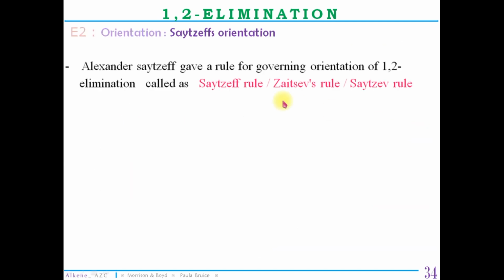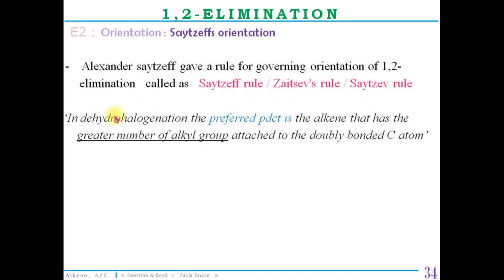So the E2 reaction is also an example of a regioselective reaction. E2 orientation is also called Saytzeff's orientation. Alexander Saytzeff gave a rule for governing the orientation of 1,2-elimination called the Saytzeff rule. The statement is, in dehydrohalogenation the preferred product is the alkene that has the greater number of alkyl groups attached to the doubly bonded carbon atom.